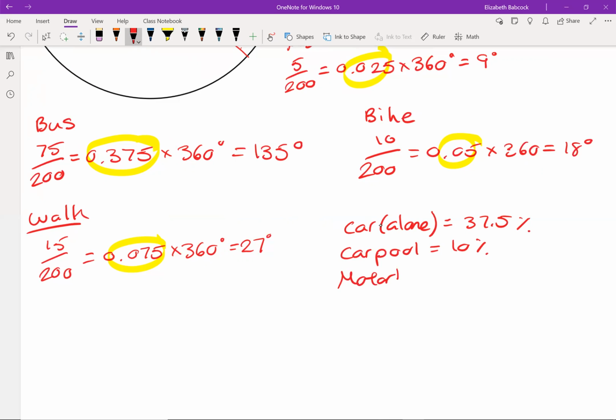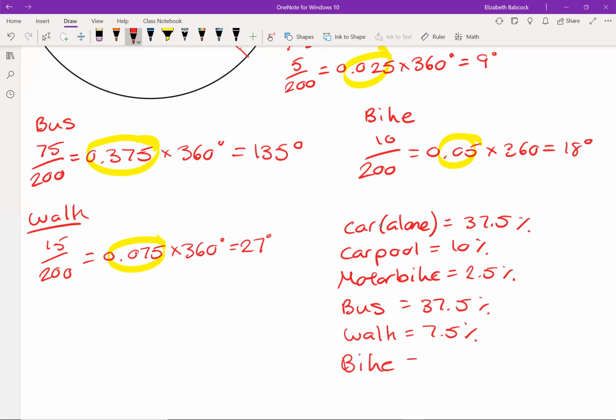Motorbike was 2.5%, plus bus 37.5%, walk, 7.5%, and bike, 5%. Okay. All together, these should add up to 100, and you get your total.